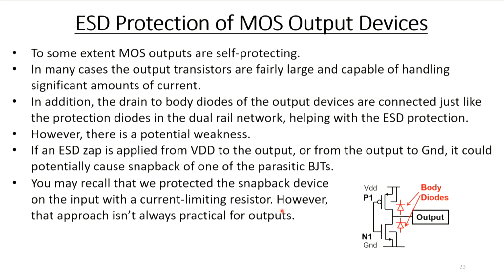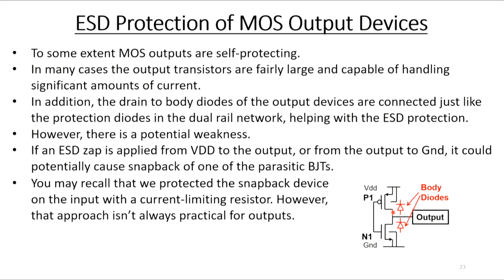I'm switching gears again. Now I'm going to talk about protection of MOS output devices. To some extent, MOS outputs are self-protecting. In many cases, the MOS output transistors are fairly large, and they're capable of handling a significant amount of current. In addition, the drain-to-body diodes of the output devices, which I've drawn in red over here, are connected up just like those protection diodes in the dual rail network I showed before, and that helps with the ESD protection.